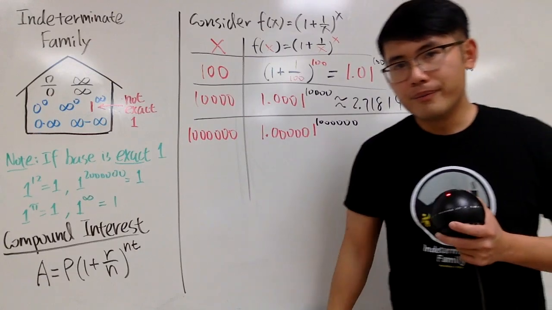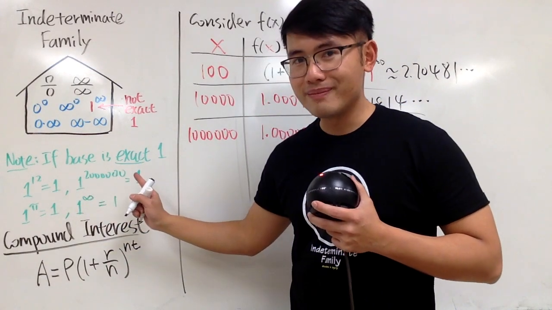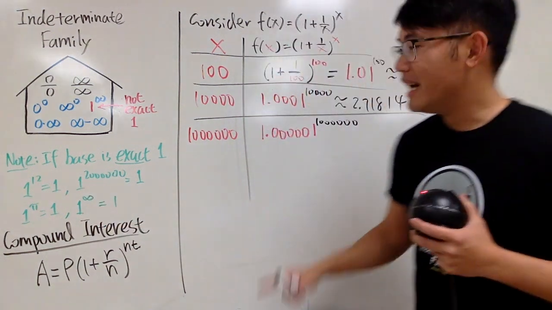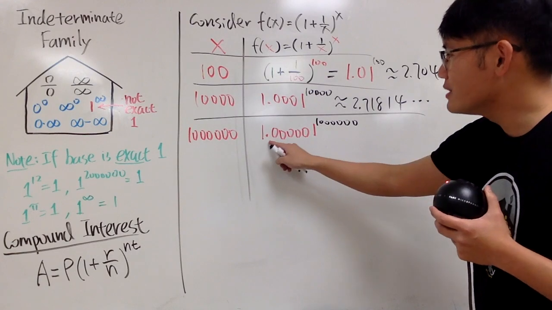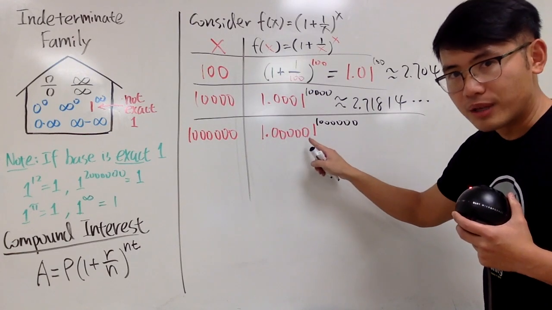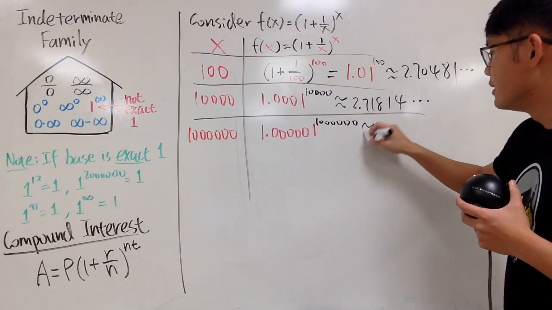And here's the deal. Notice that earlier, I put down 1 to the 2 million is 1. Well, this right here, the base was a solid 1. This time, the base is no longer solid 1. It's 1.000001. When you take this raised to a 1 million power, of course, you can work this out on your calculator.